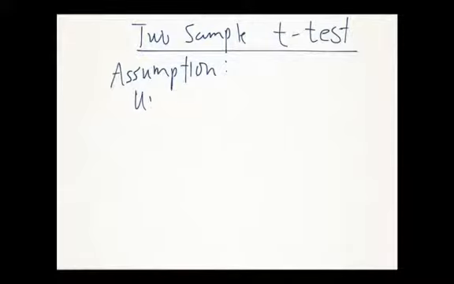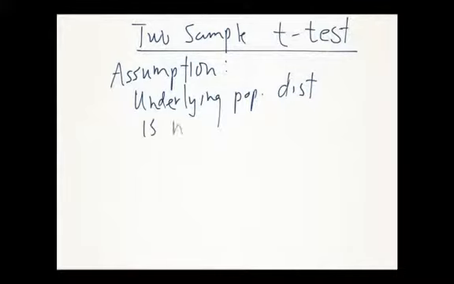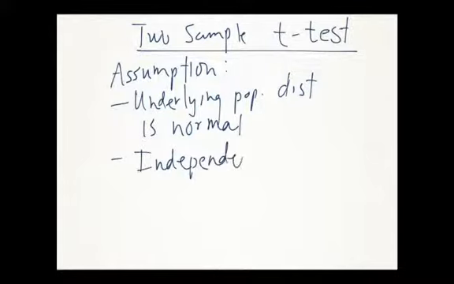That the underlying population distribution for this CD26 is normal. And that's usually met for most continuous variables, that assumption. And also that we have independent observations. Okay, so that is to say, my CD26 value isn't going to impact yours.